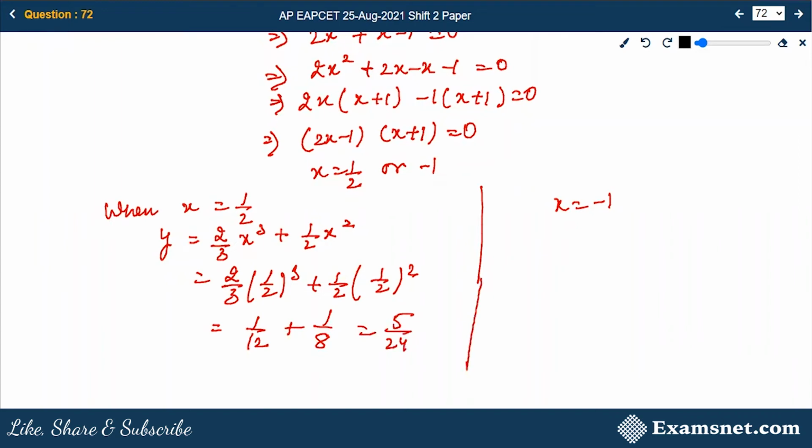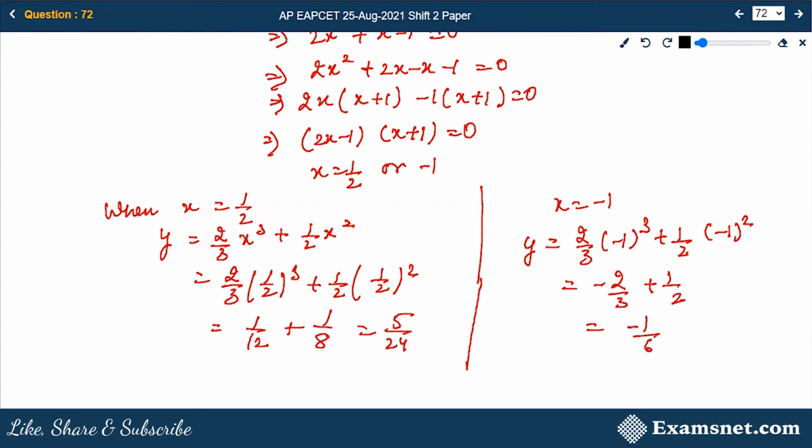When x is equal to minus 1, the value of y will be 2 by 3 into minus 1 cube plus 1 by 2 into minus 1 square. This will be minus 2 by 3 plus 1 by 2, which we solve as minus 1 by 6.